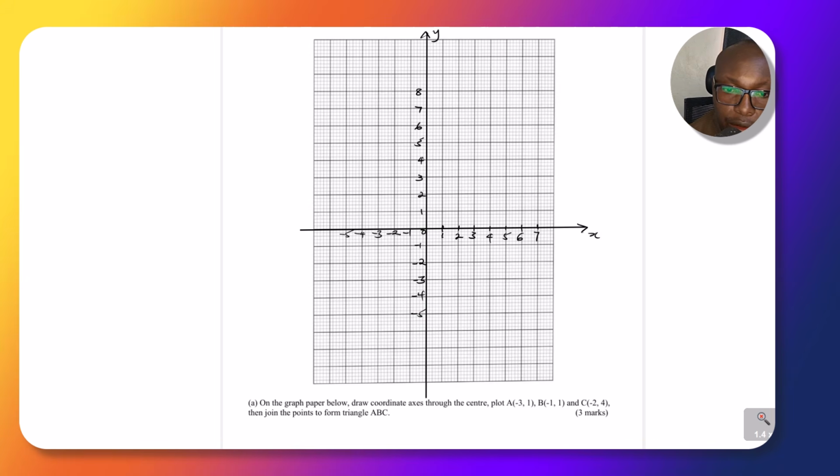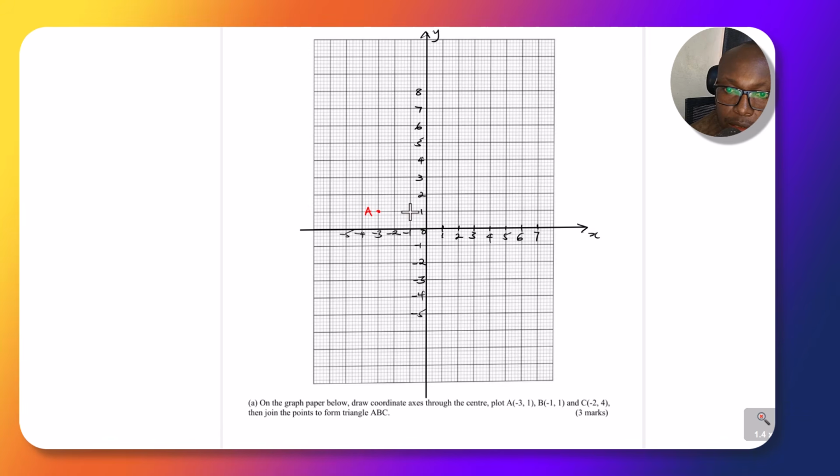So part A, on the graph paper, draw the coordinate axis through the center. Plot A (-3, 1). So -3, 1 is here. That is A. And then B (-1, 1).